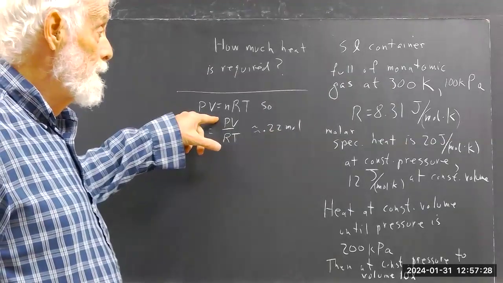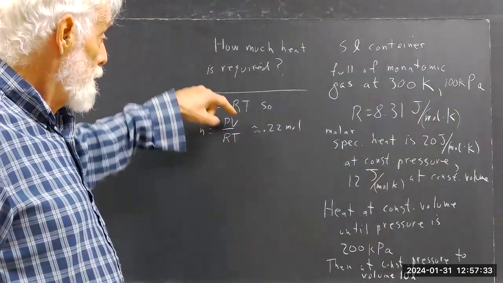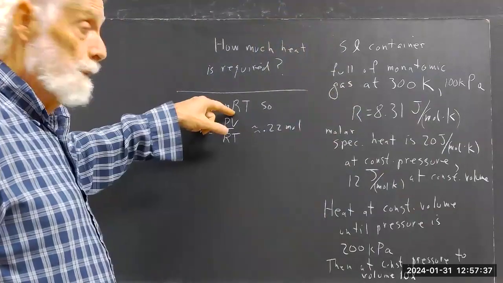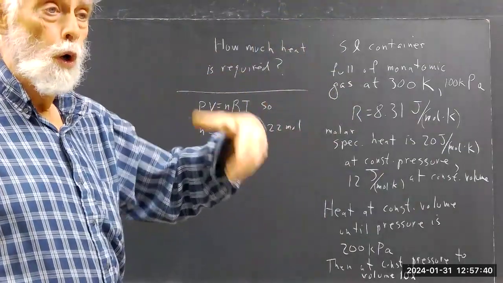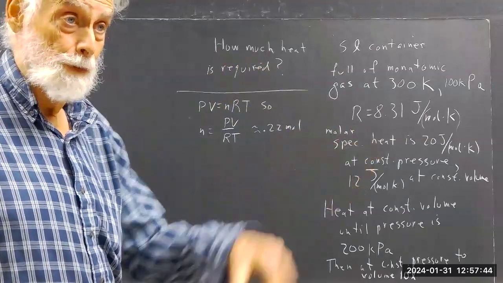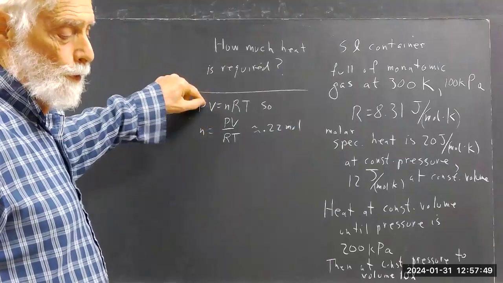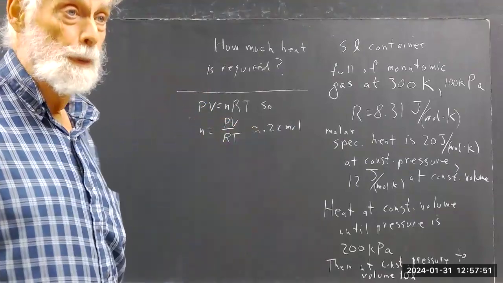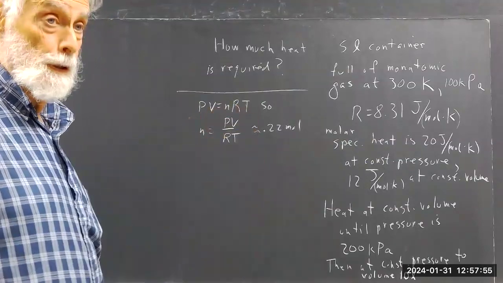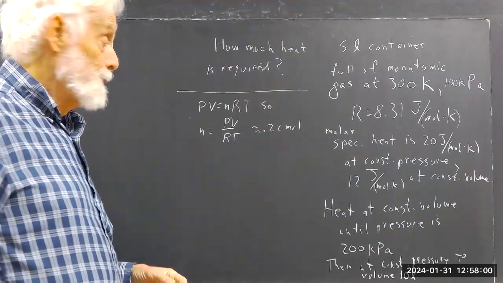What's P? 100 kilopascals. When you start, what's the volume? 5 liters, which of course is 0.005 cubic meters, and you want to do that in cubic meters, so your units work. Okay, the pressure is in newtons per square meter, your volume would better be in cubic meters. So you get Newton meters up here, which is of course the unit of work or energy.